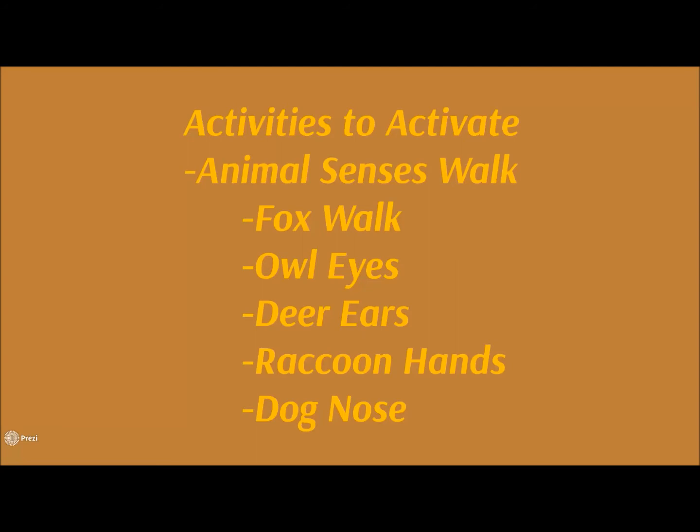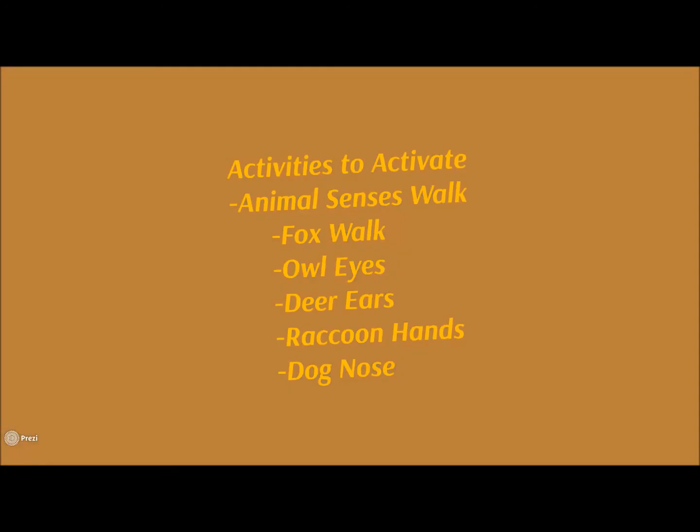There's about 20 or so participants, and we'll be teaching them a fox walk, which is a very slow, quiet walk through the forest. Then we'll introduce the use of owl eyes using the periphery vision, deer ears to hear even the smallest sounds, raccoon hands in the sense of touch, a very delicate touch, and our dog nose to really get into things and smell them deeply too.